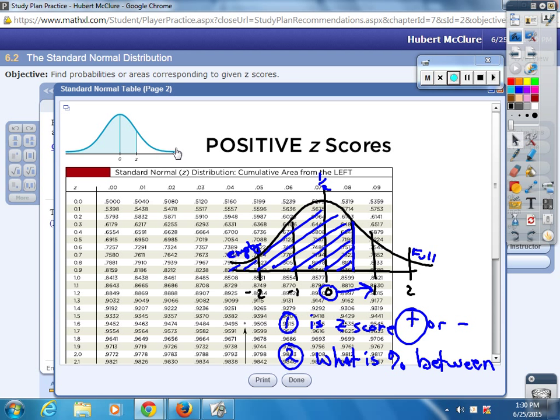So that's 50 cents and 5 pennies. 0, 1, 2, 3, 4, 5. 0.7088. And 0.7088 is our area to the left of that number. 71%. And 71% falls between 50% and what? 75%. See what I'm saying? So it's always nice to ask those two questions.